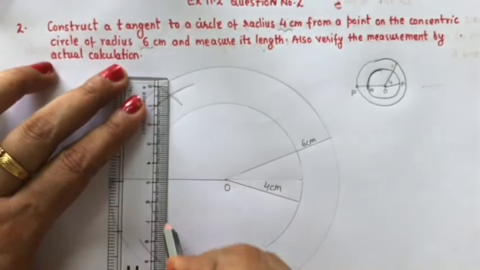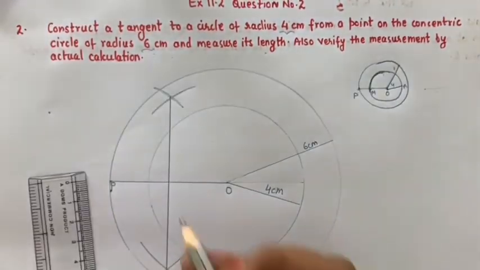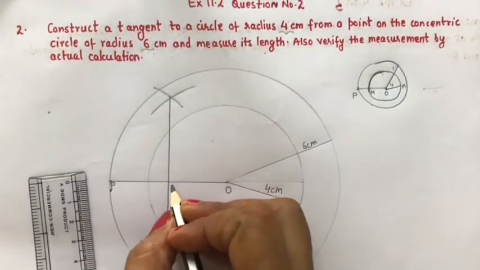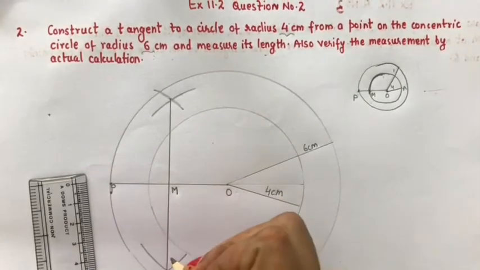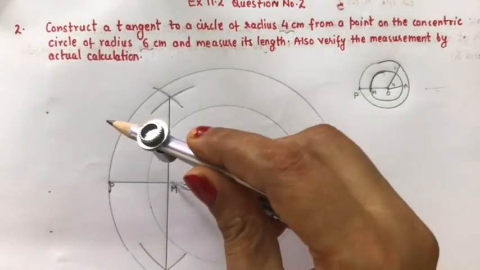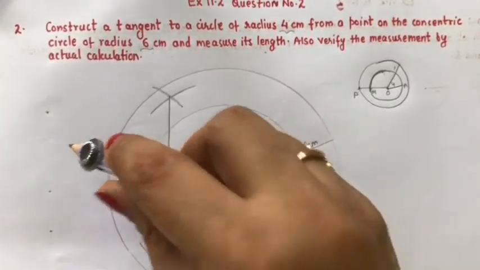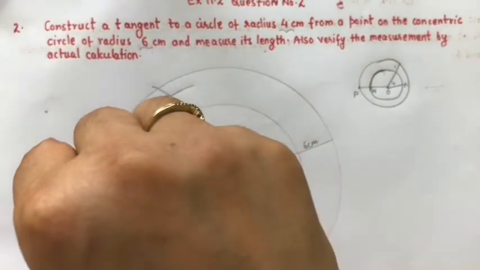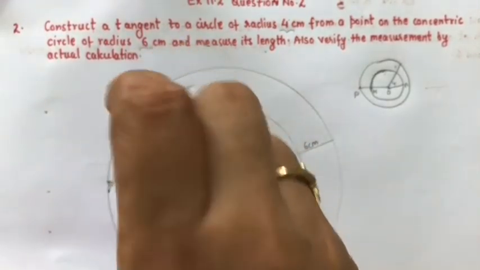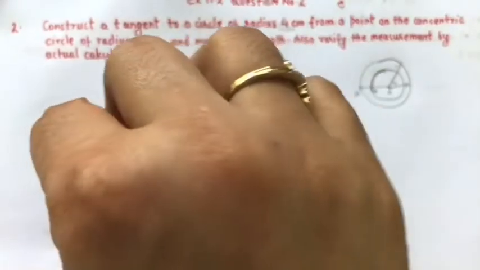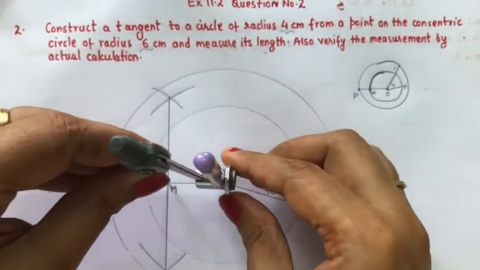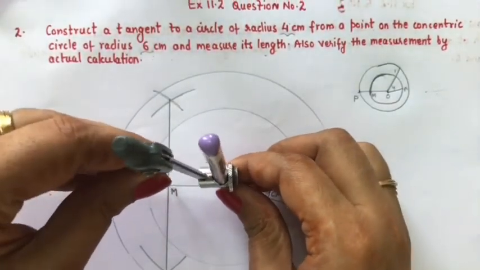Join these two to get the midpoint. I call this midpoint M. Now taking MP as radius, or you can take MO as well. Why? Because M is the midpoint and both should be equal.